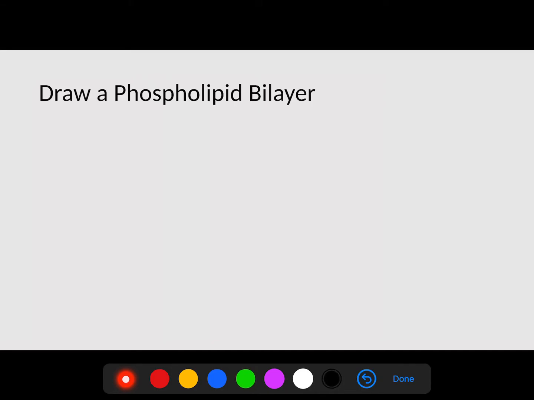So let's just draw a simple plasma membrane. So again, remember, we have our phosphate heads, which are associated on the outside of the cell. So remember, this is a bilayer, so we're going to have two layers of these phosphate heads.